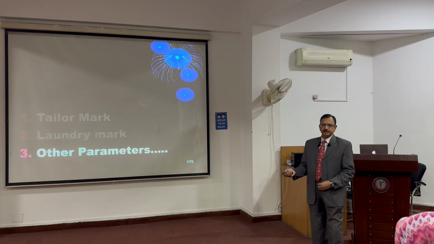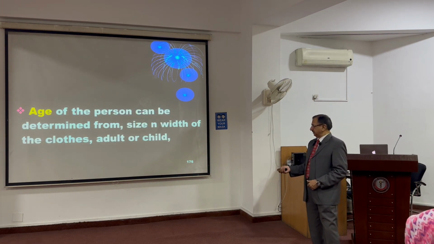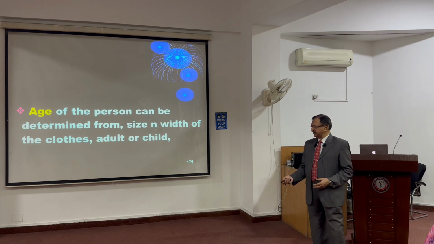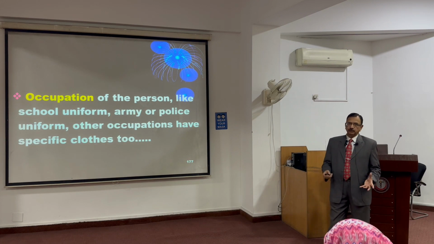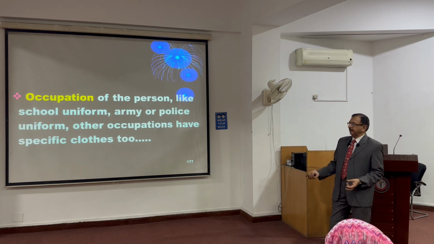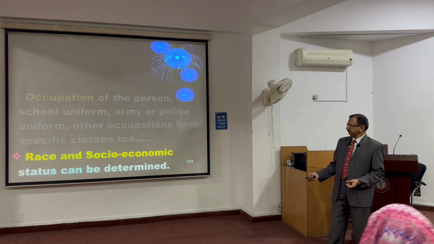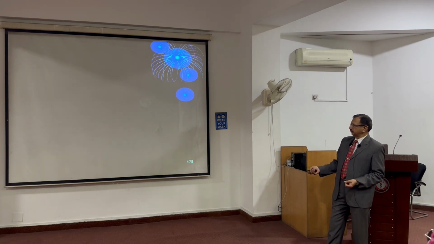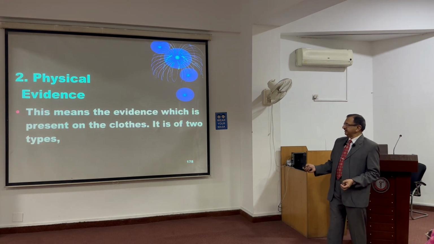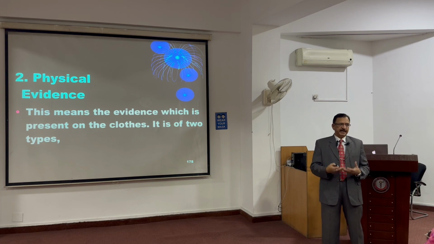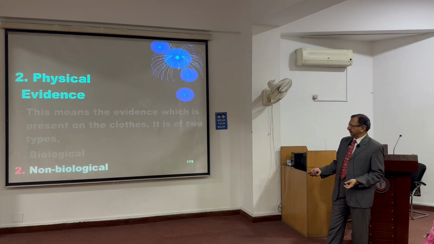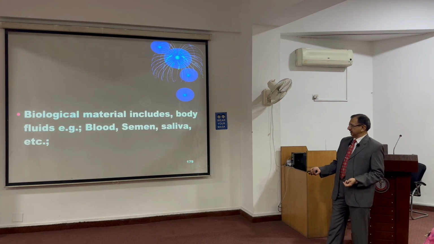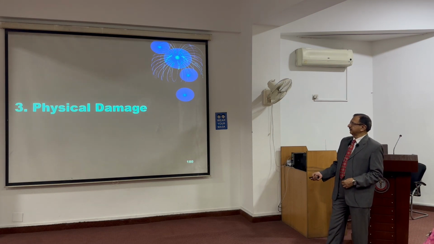They will help us in identity: age, what age group, sex, then the occupation, what dress it was. Race and socio-economic status. Then physical examination of damage, any cut, any stain, biological or non-biological, they are all examined.